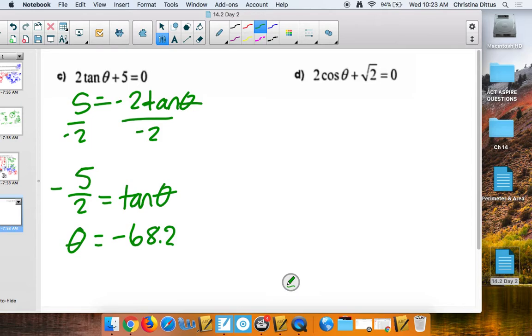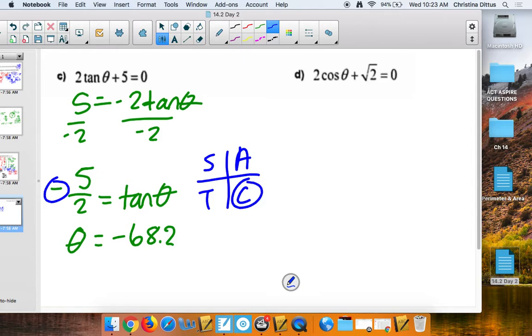Okay. I want my tangent to be negative, right? Do you agree with me on that? That I want my tangent to be negative? So, all students take calc. Where is it negative? 4.